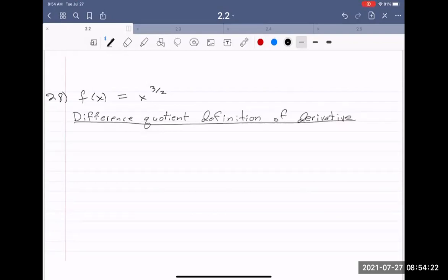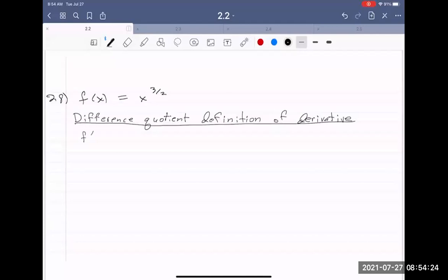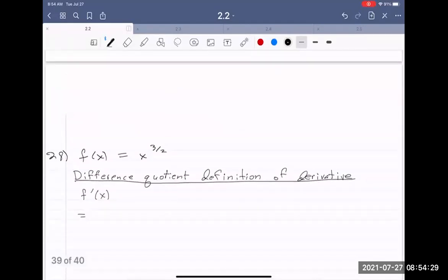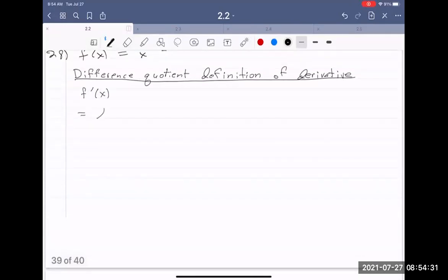And so the derivative is equal to the limit as h approaches 0 of f of x plus h minus f of x over h.